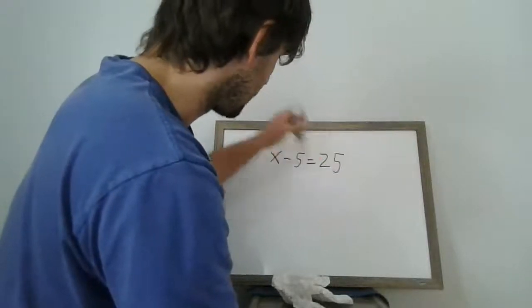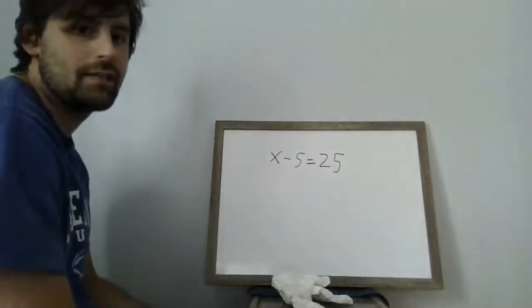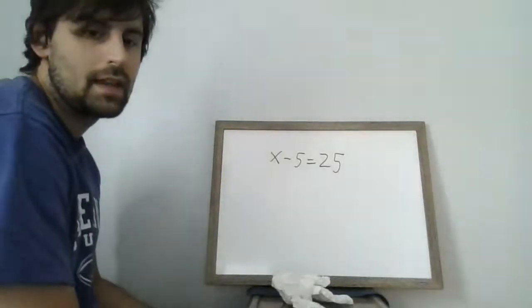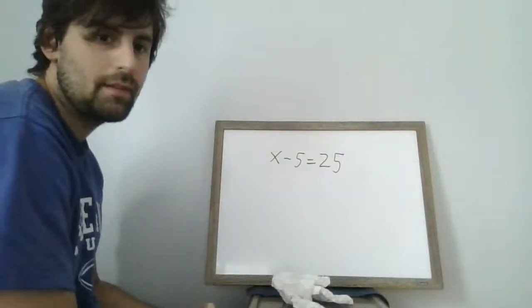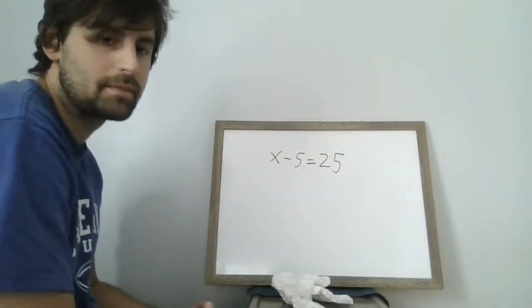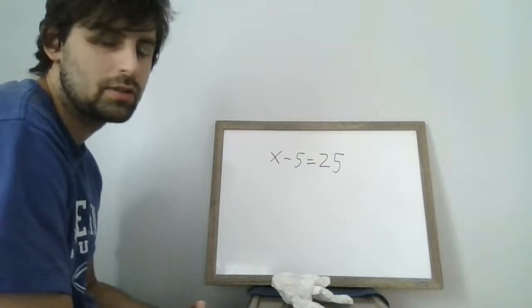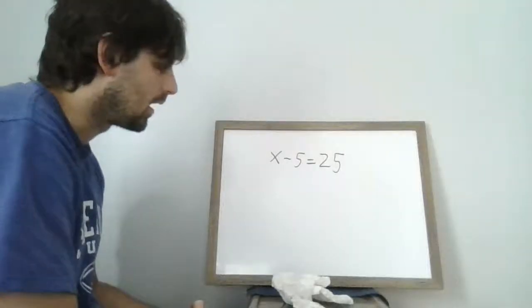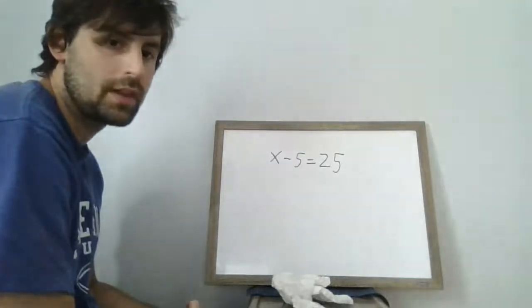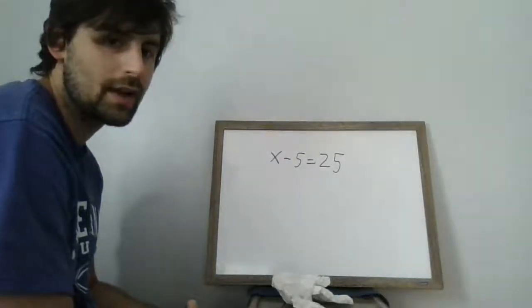All right, last problem, x minus 5 equals 25. Again, if you feel confident that you can solve this problem on your own, feel free to try it, pause the video, and then unpause the video and see if you did it correctly.